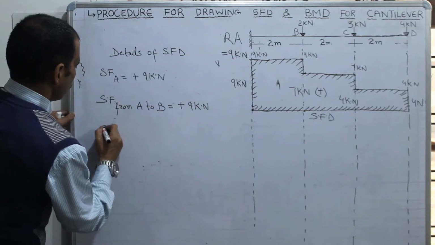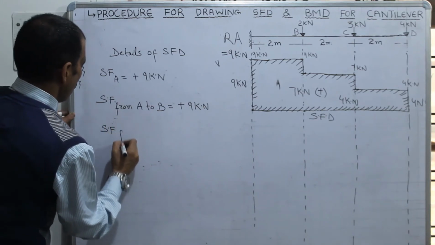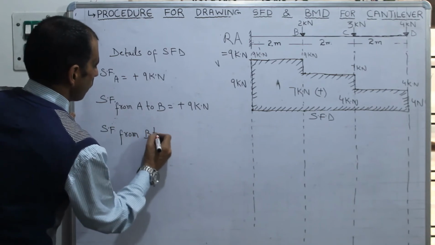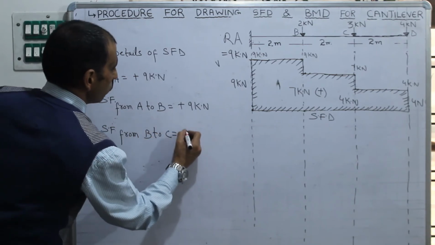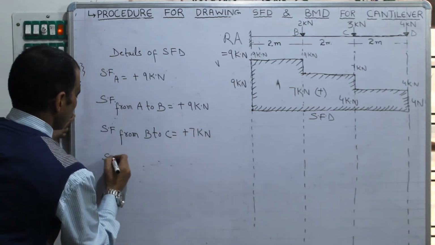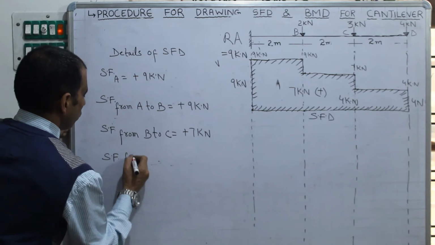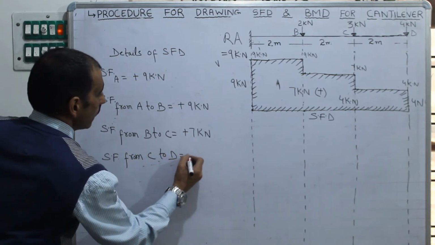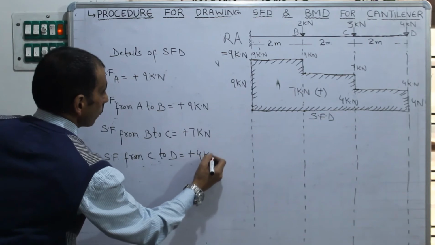Shear force from B to C is plus 7 kilonewton. Shear force from C to D is plus 4 kilonewton.